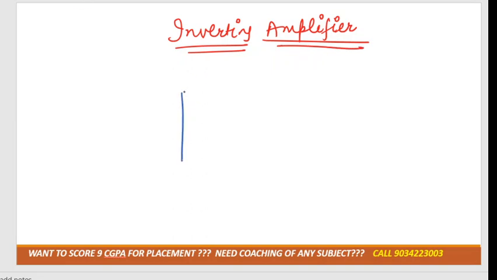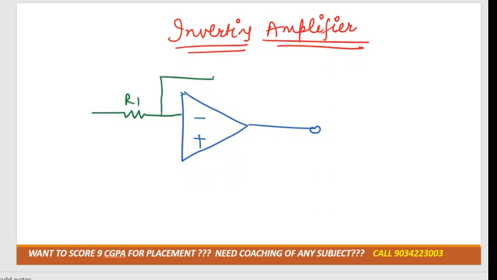As in the case of the inverting amplifier, as you know, we'll connect the voltage with the negative terminal. So I am connecting the resistance R1 with the negative terminal, and there is a feedback resistance also.